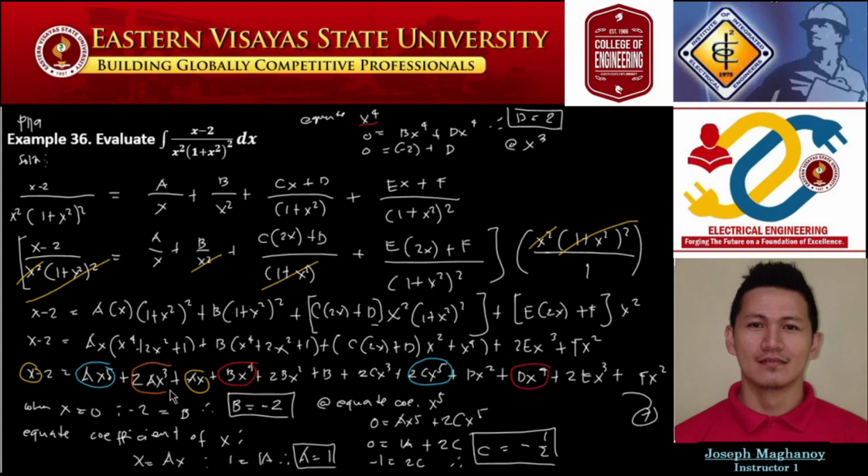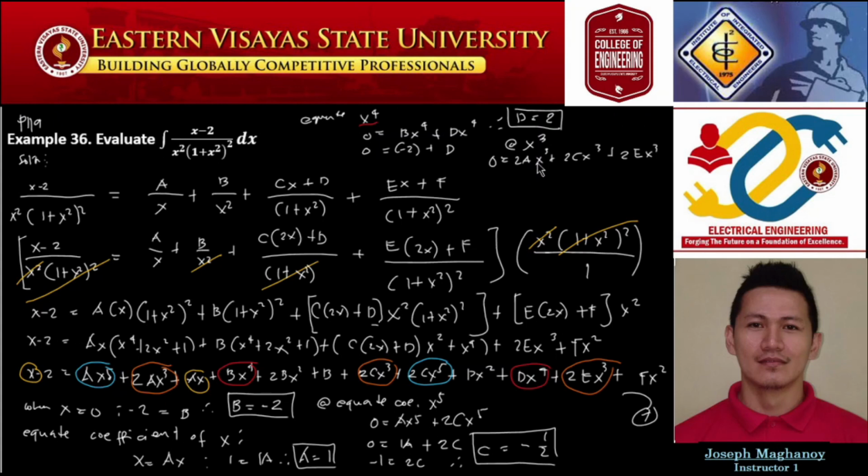Oh, we have 1 squared, 2, 3 cubed. Okay, but 0 on the other side. So for x cubed, we have 0 equals a x cubed plus 2cx cubed plus 2a x cubed.